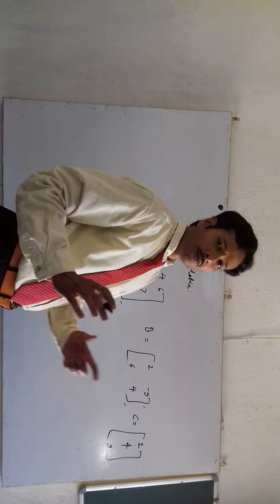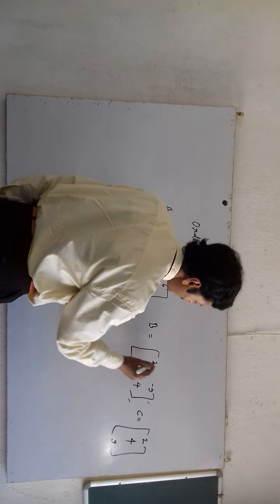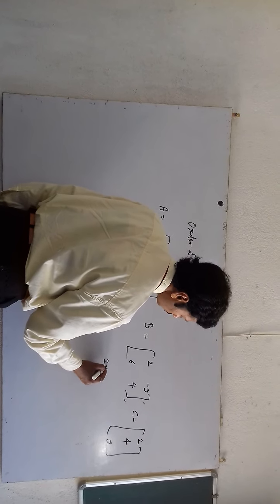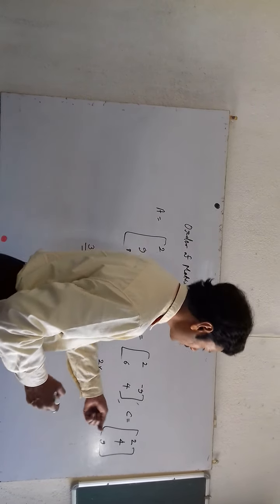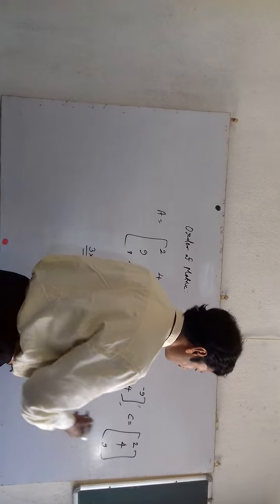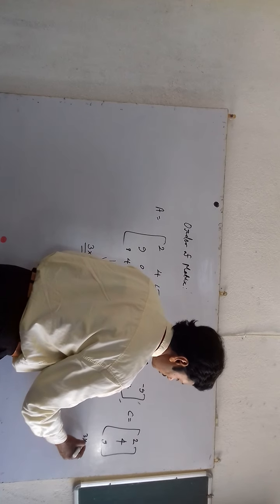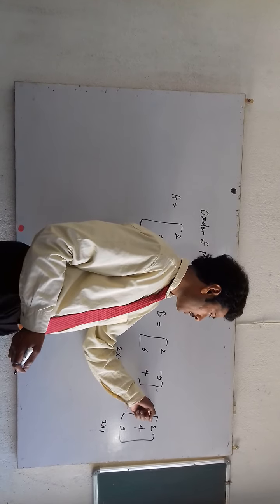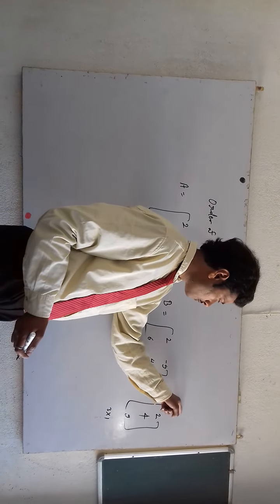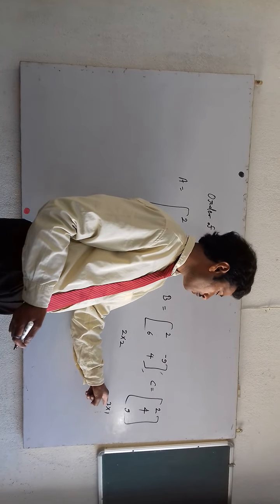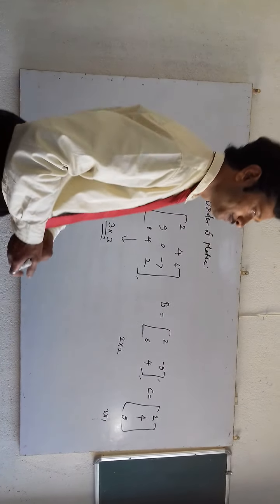Similarly, the order of matrix B is 2 into 2, and the order of the third matrix is 3 into 1. Why 1? Because here you can see there are 3 rows and only 1 column.